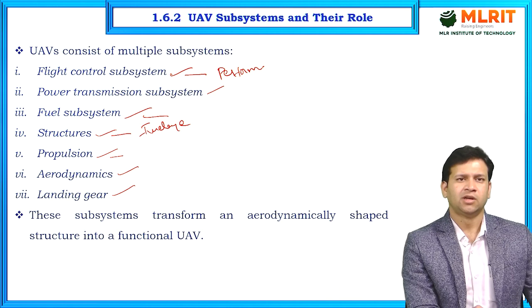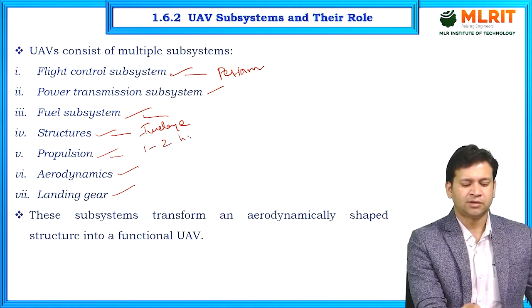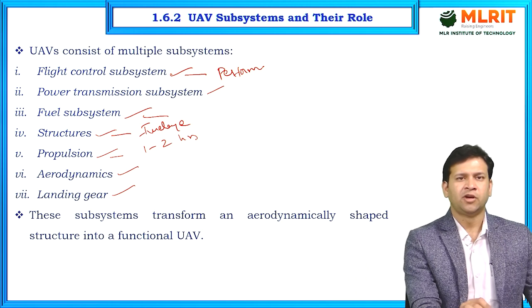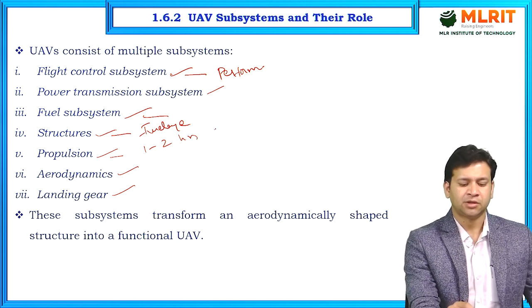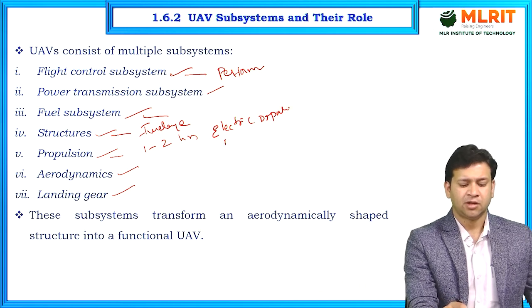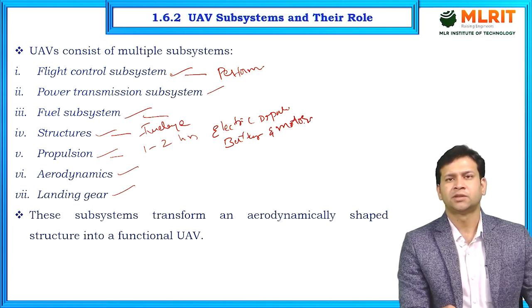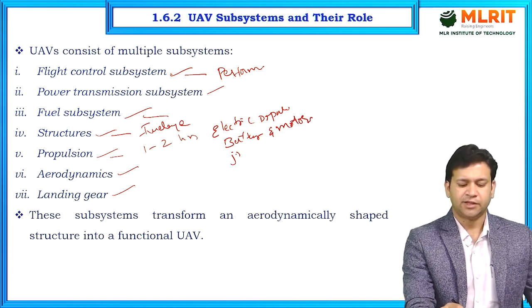For example, if it is for 1 to 2 hours, right, depending upon this 1 to 2 hours, we can go with electric propulsion, which is battery based, batteries and motors, or we can go with small jet engines, turbofan engines basically.